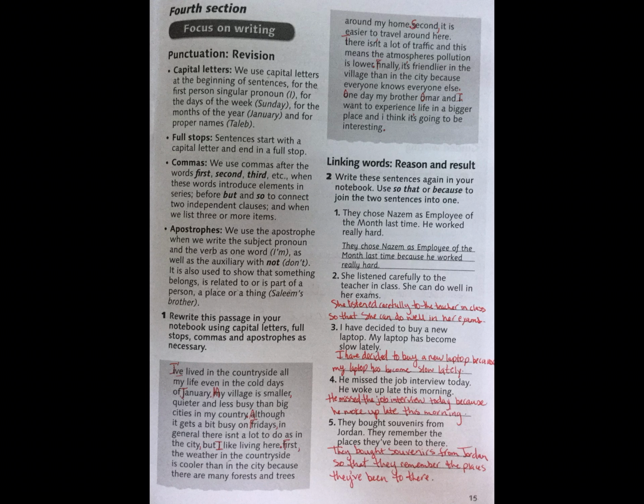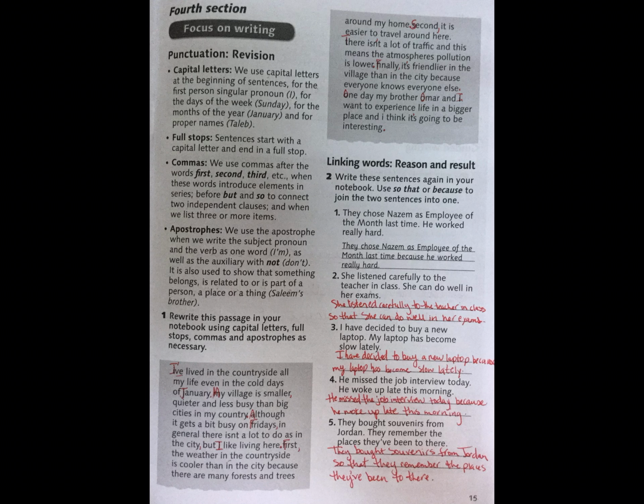My village is smaller, quieter, and less busy than big cities in my country. Here we have my, we know that it must be capitalized. Any sentence starting with my, although, first, and so on, or names, they all have to be capitalized.